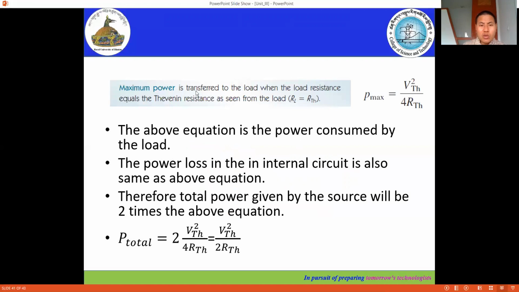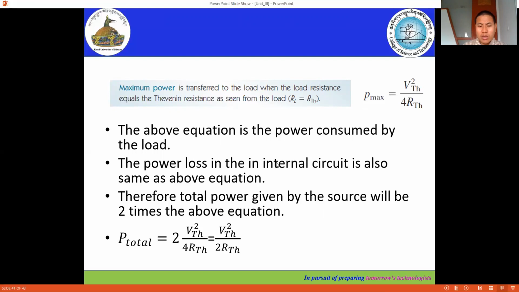Maximum power is transferred to the load when the load resistance equals the Thevenin's resistance. When RL is equal to RTH, we have the maximum power transfer. Now P max is equal to VTH squared divided by 4 RTH.